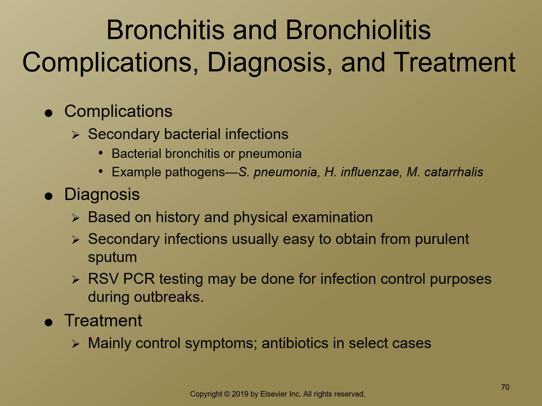Respiratory syncytial virus PCR testing may be done for infection control purposes during outbreaks. Again, since acute bronchitis is more commonly caused by viral infections, they should not be treated with antimicrobial therapy in otherwise healthy individuals who don't have a concurrent pneumonia infection.